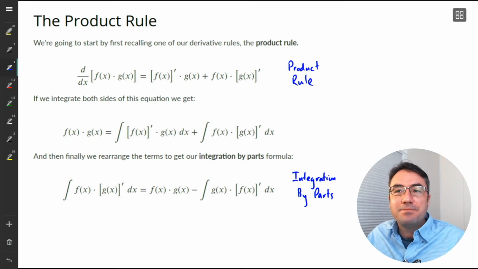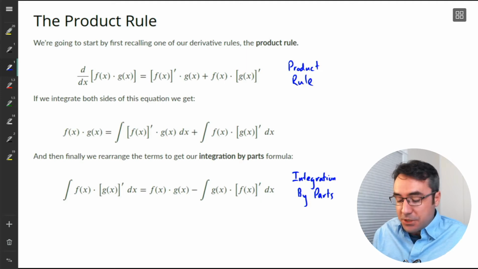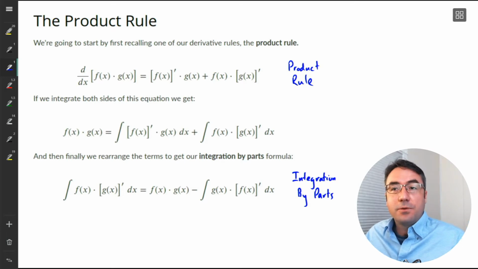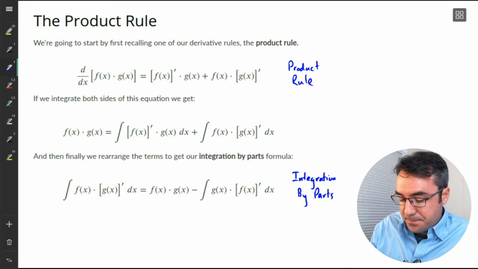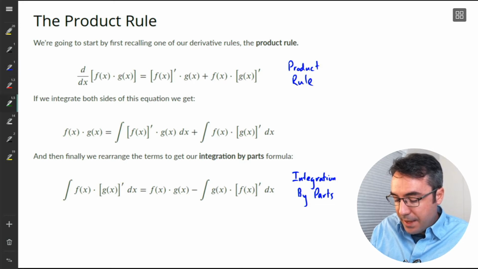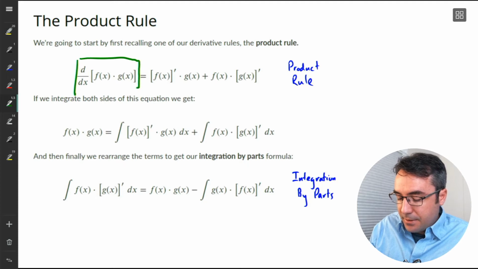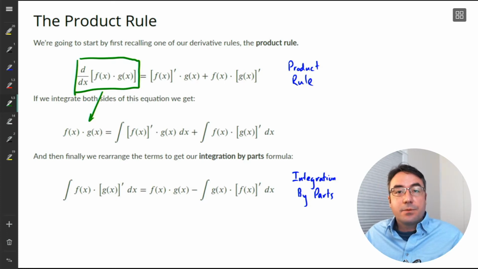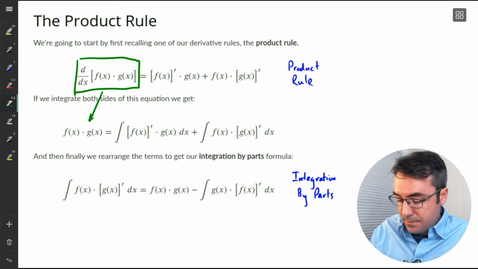But really, you can get this integration by parts formula by just going back up to the product rule formula and integrating both sides. And when we do that, when we integrate this left side here, when we integrate a derivative, remember they're reverse processes, so they end up effectively canceling out.